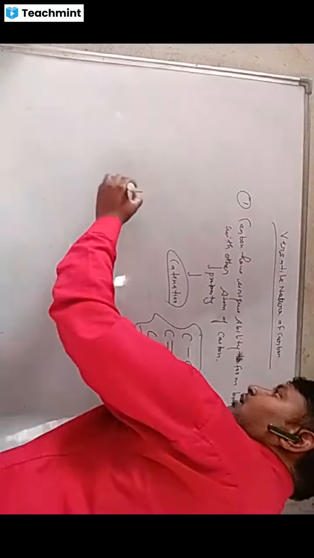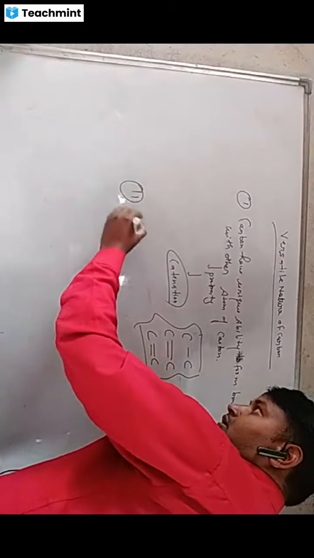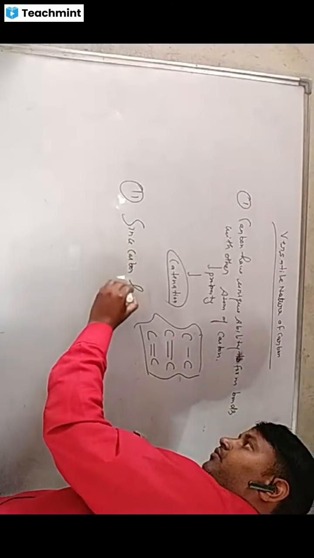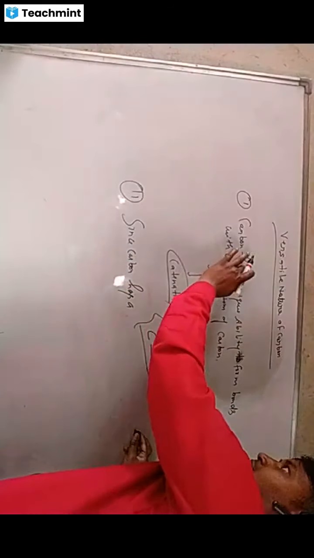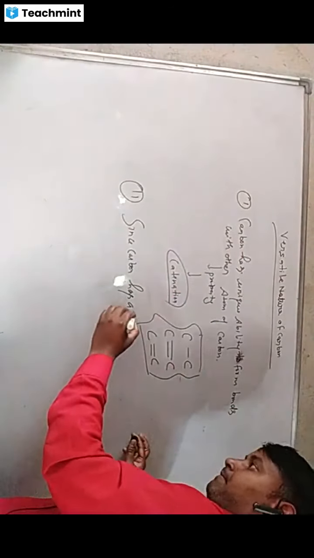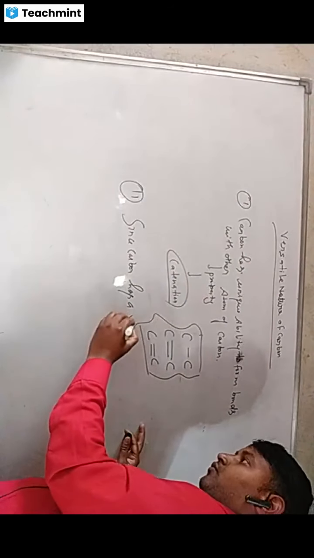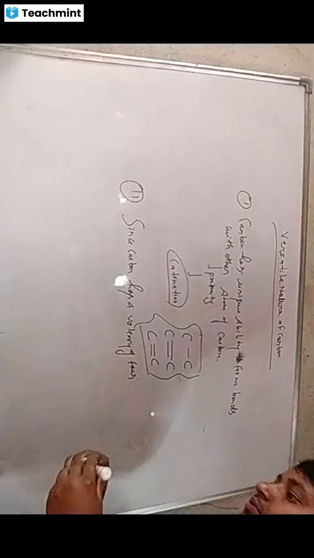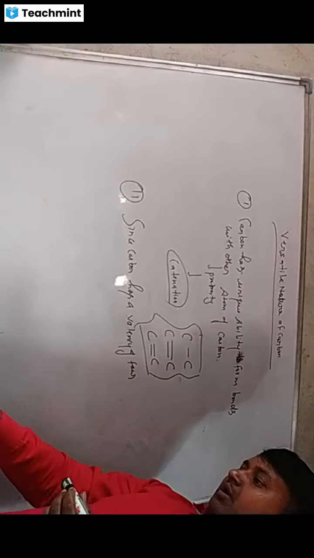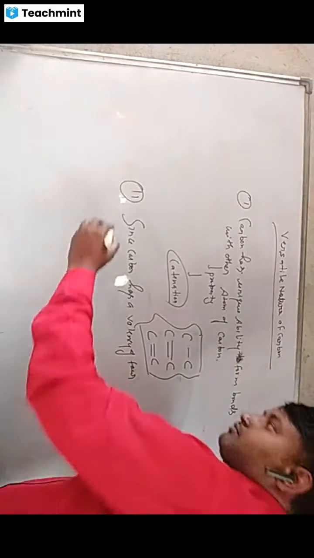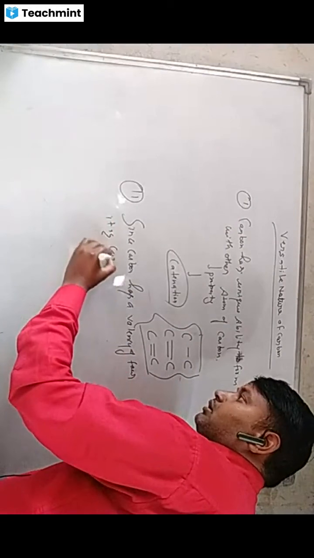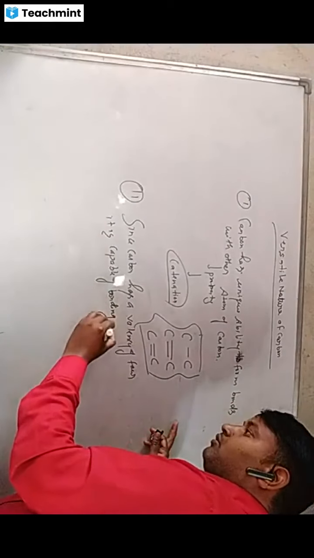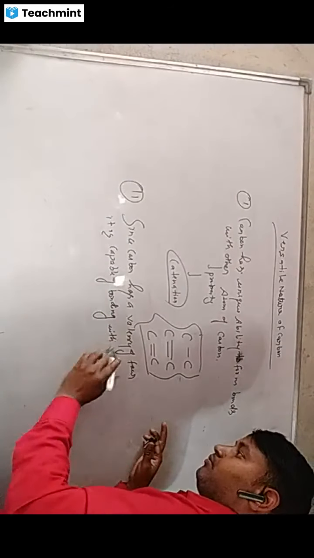Second point: since carbon has a valency of 4, it is capable of bonding with 4 other atoms.